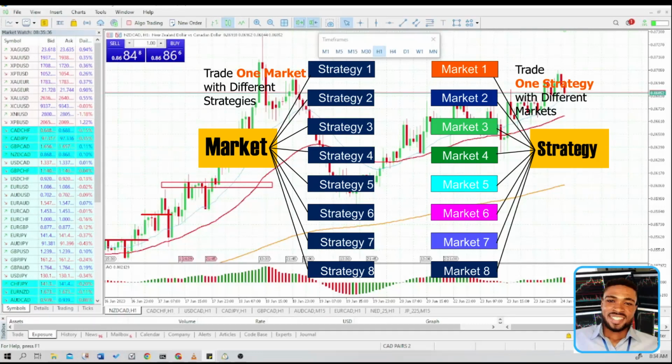So with these strategies, I'm using them to trade only these 2 markets. Or you trade 1 strategy for several markets. So one is either you trade 1 market with several strategies, or you trade 1 strategy with several markets.